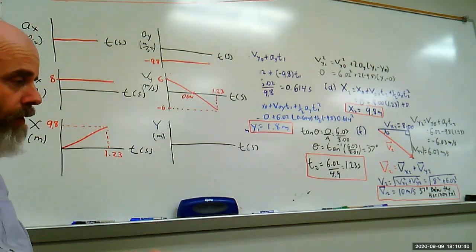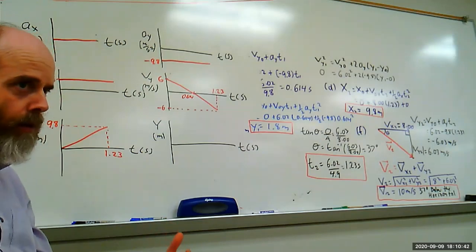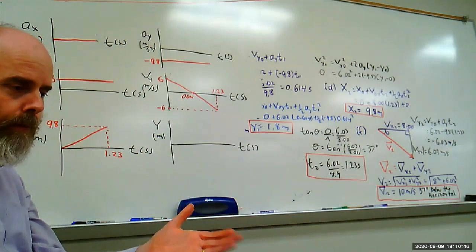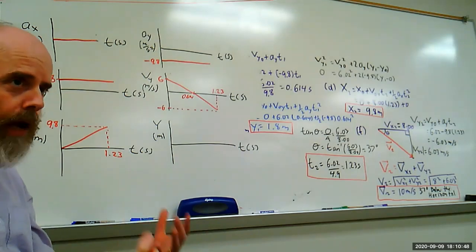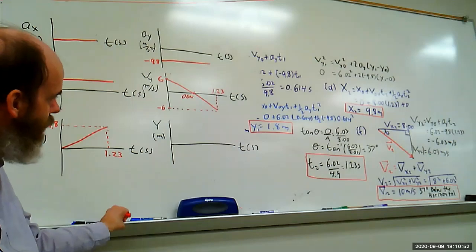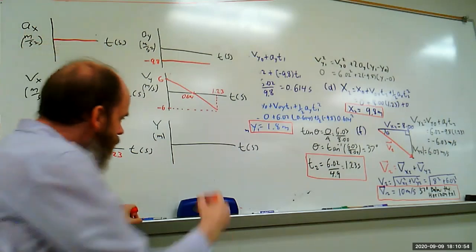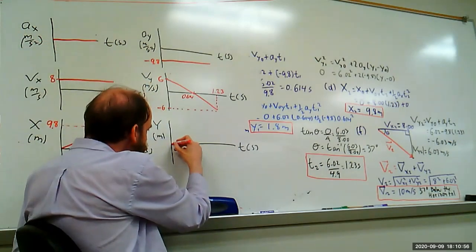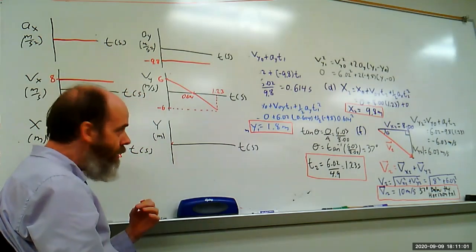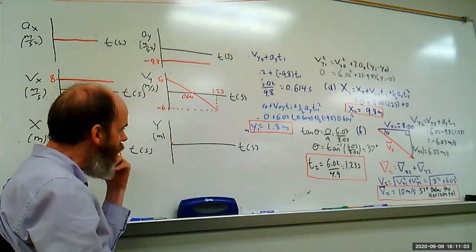Now, the position function, when we have constant acceleration and a linear velocity, we get a quadratic position function. So the y position, it starts on the ground like this. The slope is equal to the initial y velocity, which is 6 meters per second.